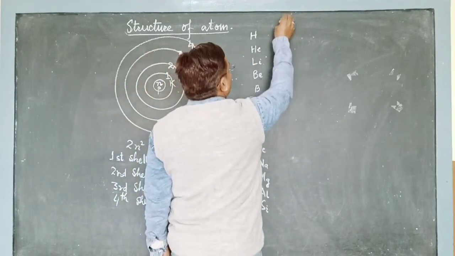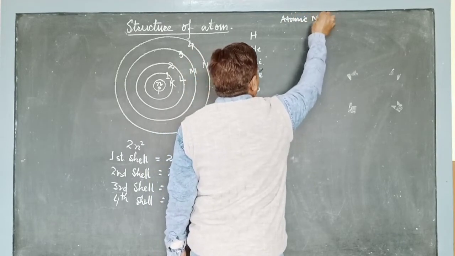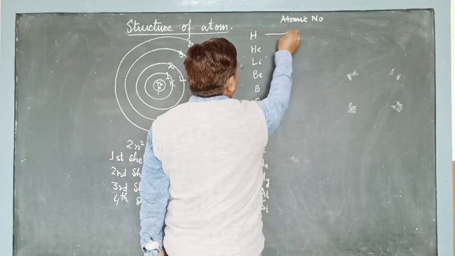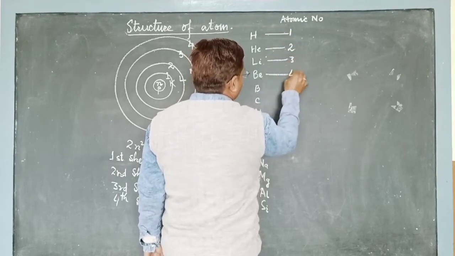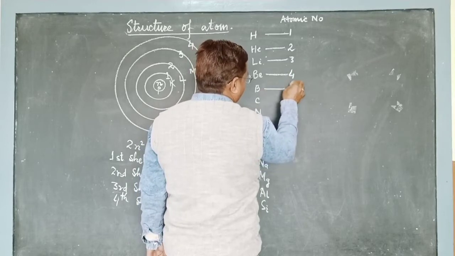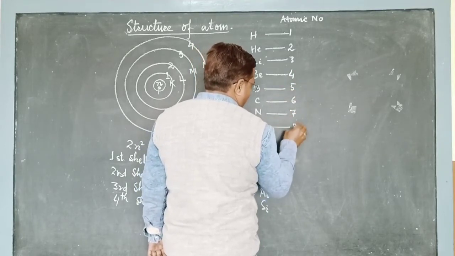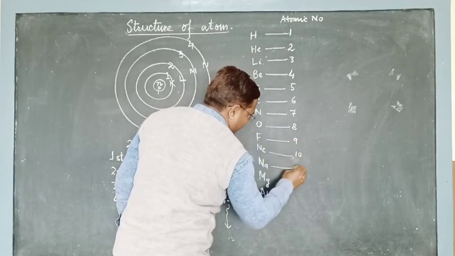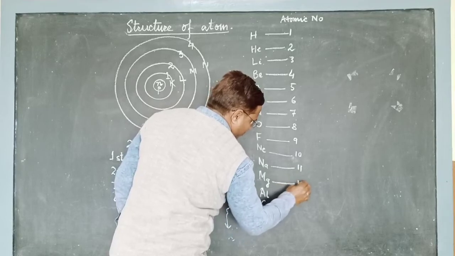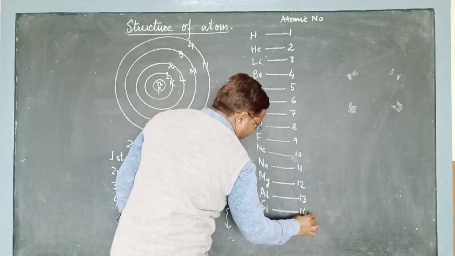So we have atomic number here: 1, 2, 3, 4, 5, 6, 7, 8, 9, 10, 11, 12, 13, 14.